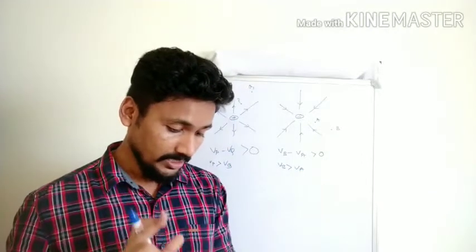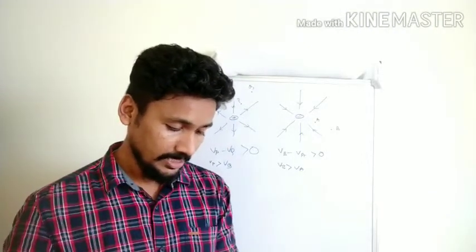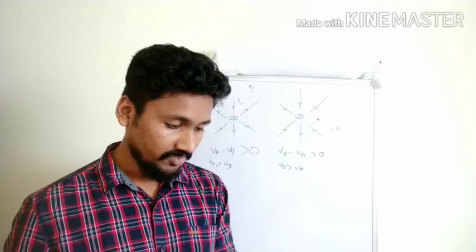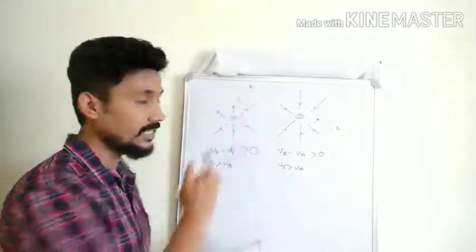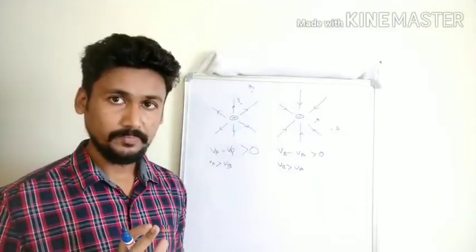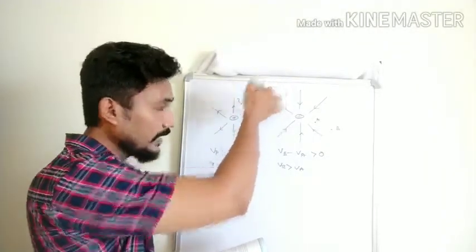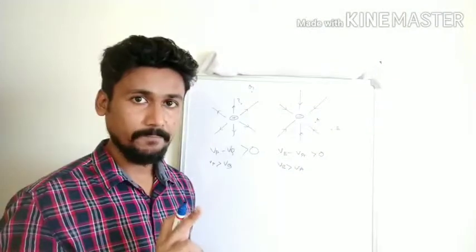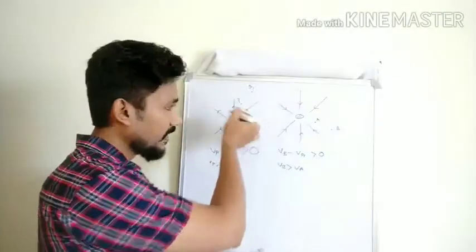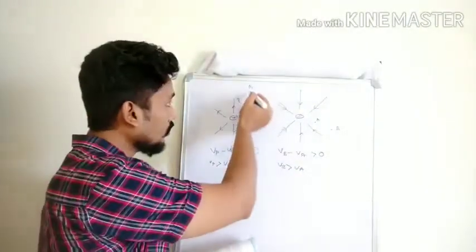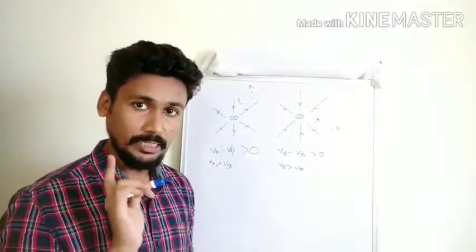Because it is a negative charge, the difference between Q to P is going to be positive. Negative charge, as it moves from Q to P, the energy will go on decreasing because it is a negative charge, so it is going to be attracted to the positive charge. So from Q to P, it is going to be positive.